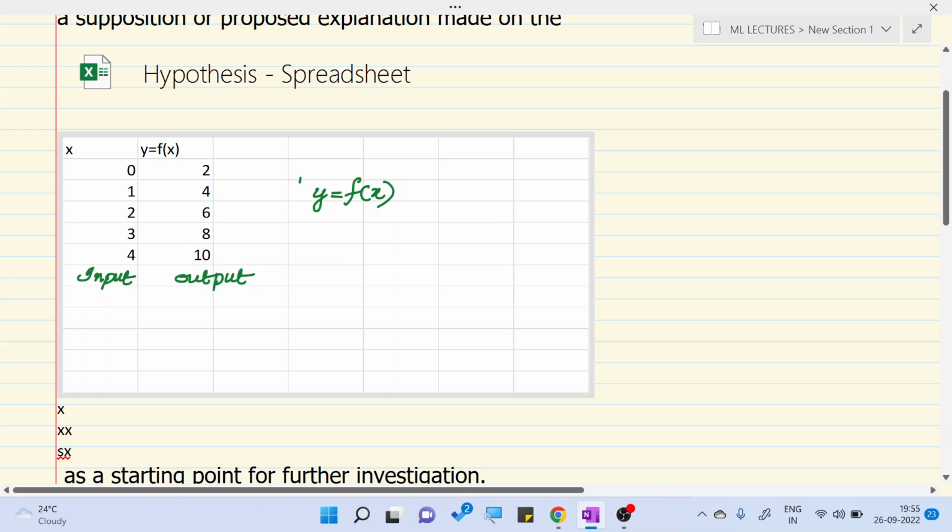So what is this function that approximates the relation between input values and output values? There may be many hypotheses.